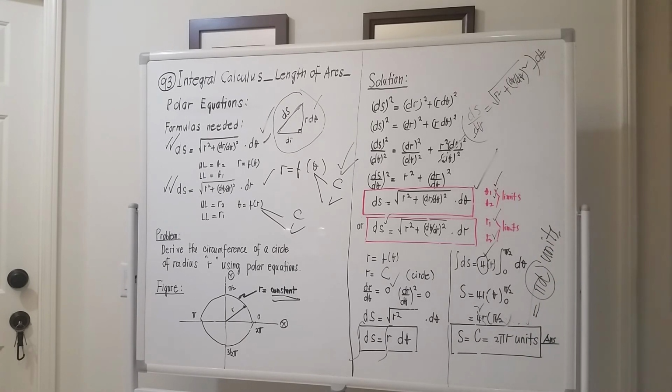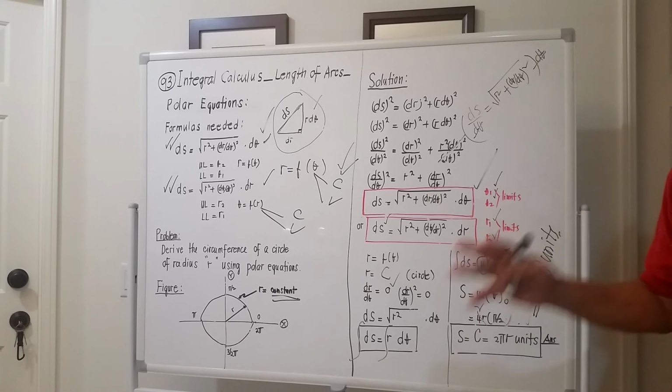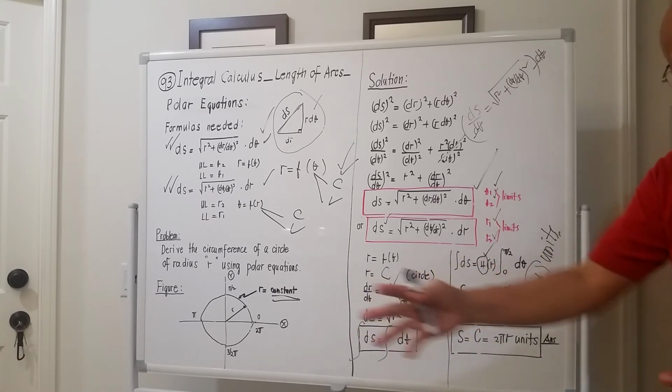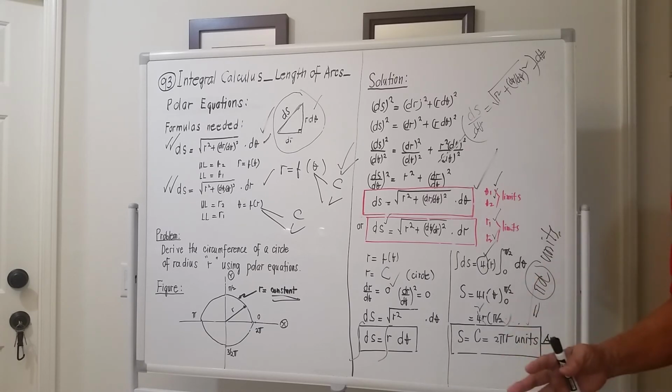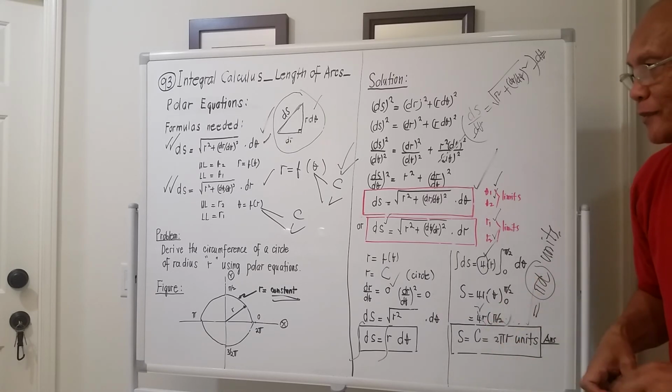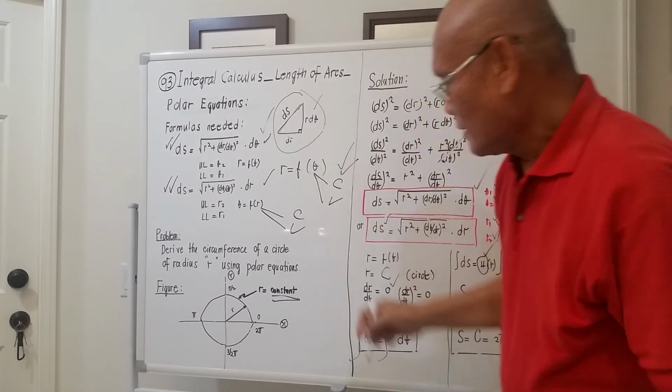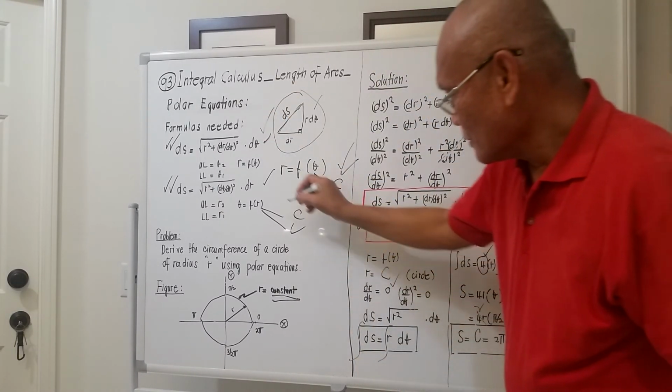So for a circle, the derivation is an easy one because the radius of the circle is constant. But for other polar equations, it will be a different story. But whether the problem will be easy or not, if it falls under case number 1, use equation number 1. If it falls under case number 2, use case number 2.